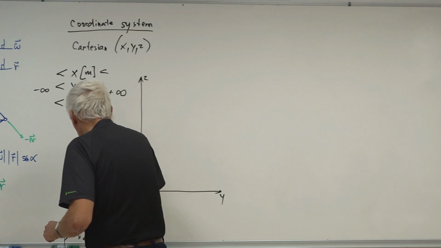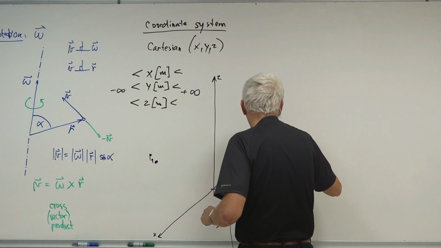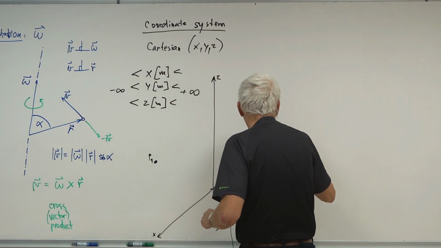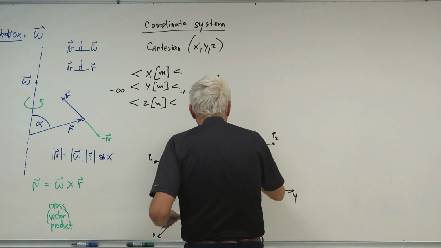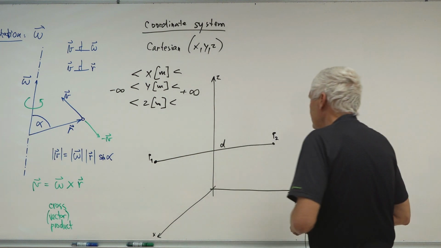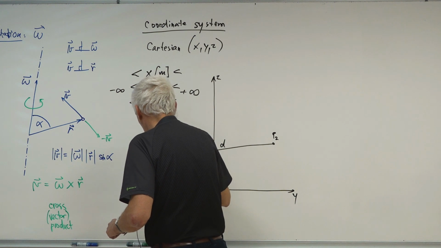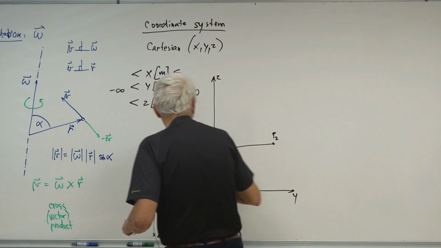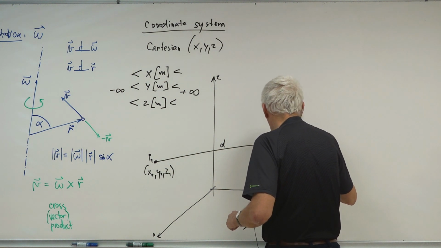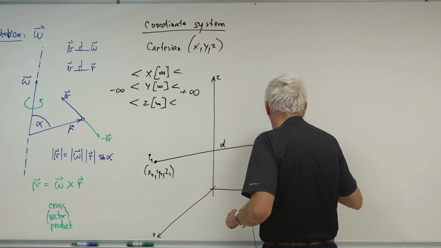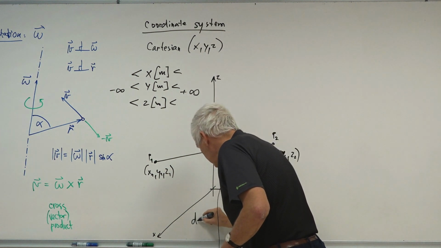So if I have 2 points, point 1 and point 2, the distance between the 2 points is defined by the Pythagorean theorem. This one has coordinates x1, y1, z1, and this one is at coordinates x2, y2, z2.